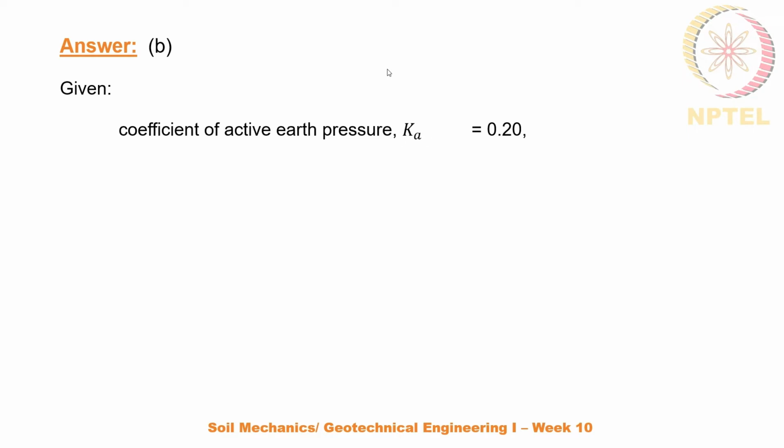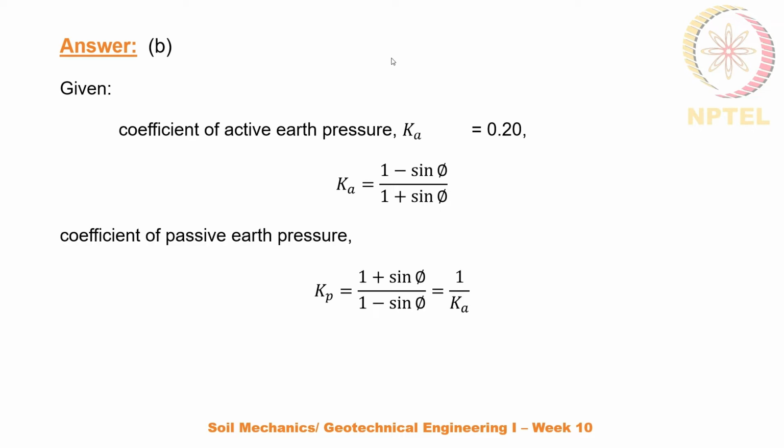So here we are given that the coefficient of active earth pressure denoted by Ka is equal to 0.2. Now we know that coefficient of active earth pressure is given by the equation (1 minus sine phi) by (1 plus sine phi). And coefficient of passive earth pressure is given by (1 plus sine phi) by (1 minus sine phi).